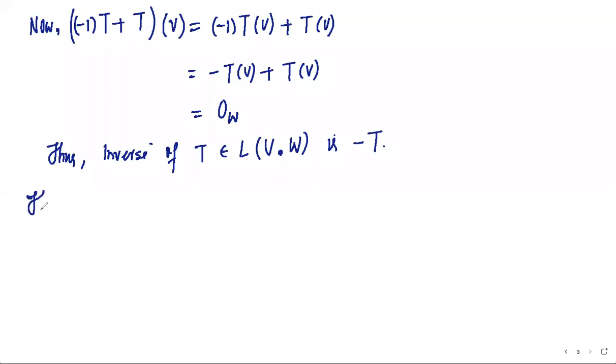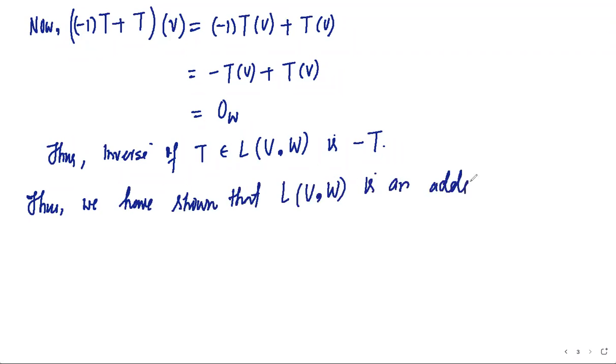So thus we have shown that L(V,W) is an additive abelian group. Now we have to show the properties of vector addition in respect of the scalar multiplication.